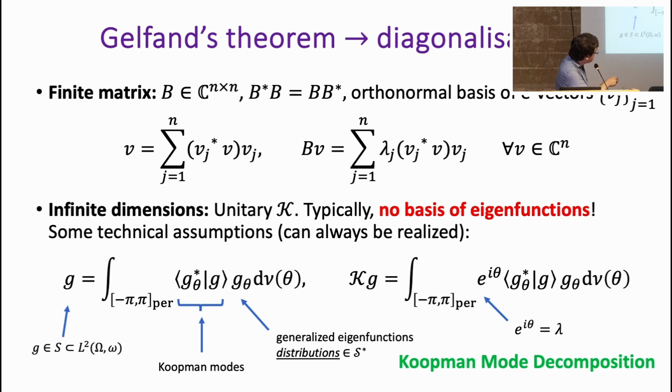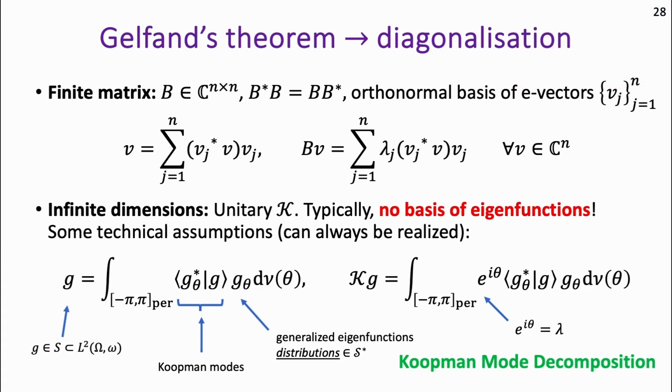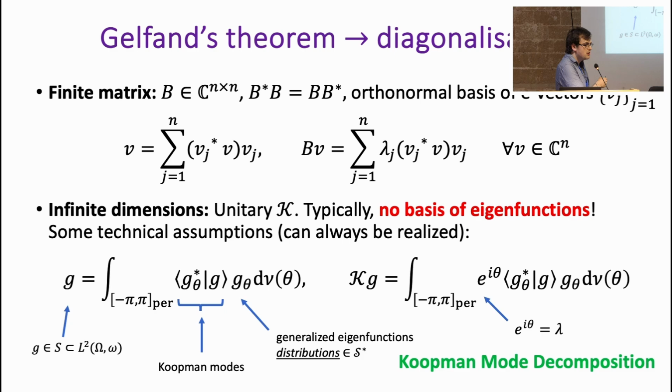Under some technical assumptions that you can always realize, for example, using delay embedding, so I can talk about the explicit construction if people are interested, you can replace this expansion by essentially using Gelfand's theorem, an expansion in generalized eigenfunctions. So what do I mean by that? For G inside some test space S of functions, you can expand G, replace this sum by an integral, replace these projections here by Koopman modes, replace these eigenvectors by generalized eigenfunctions.